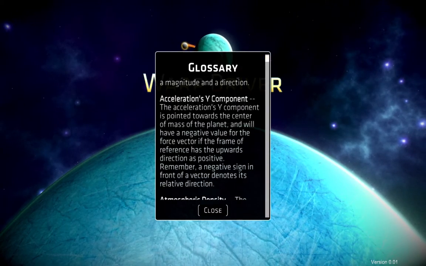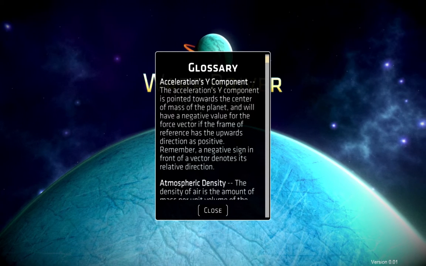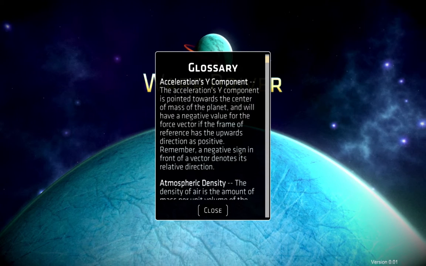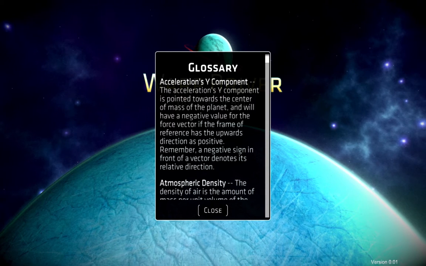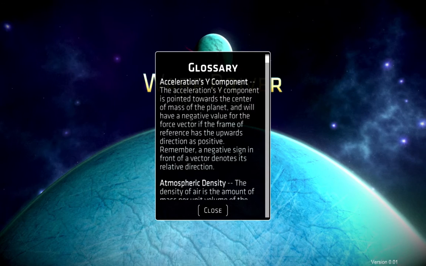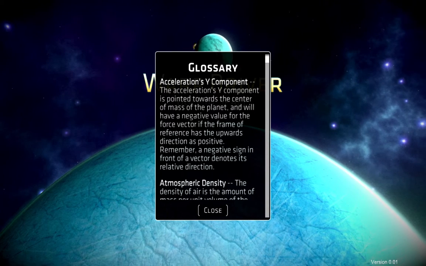So the first one that we're looking at is acceleration's y component, and we actually look at velocity's y component, and since we're dealing with vectors which are component vectors, and actually usually the vectors that you see that are just single vectors are going to be the resultant vector, and they can each be broken apart into component vectors. This is something that goes into vector calculus and just general vector notation.